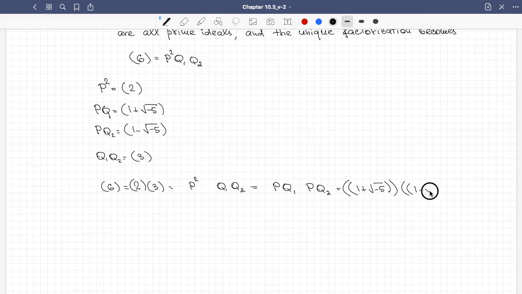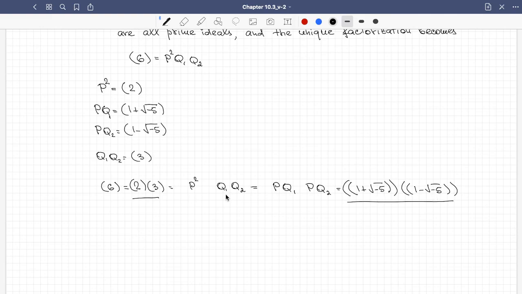These are our two different decompositions. Principal ideals are not prime ideals. We have two different decompositions.